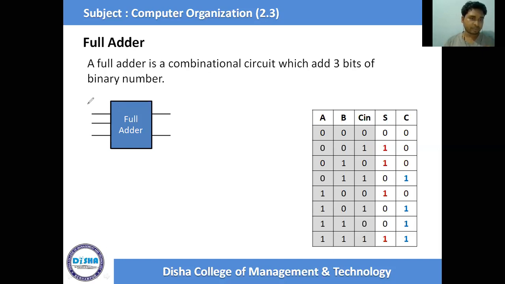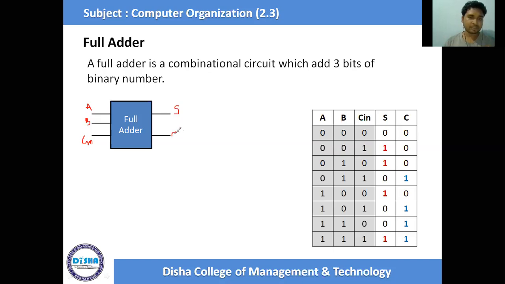This input terminal is A, this is B, and the third one is the carry of the previous stage, represented here as carry in. I have written here carry in. So this full adder takes 3 input values, A, B, and C, and it produces two outputs: one is sum, another is carry.